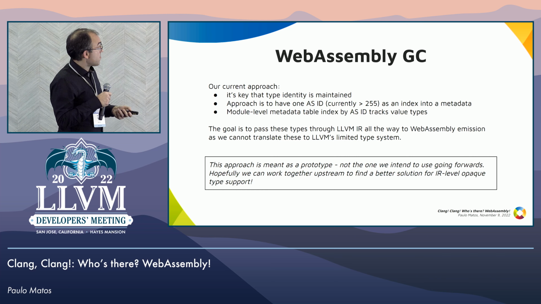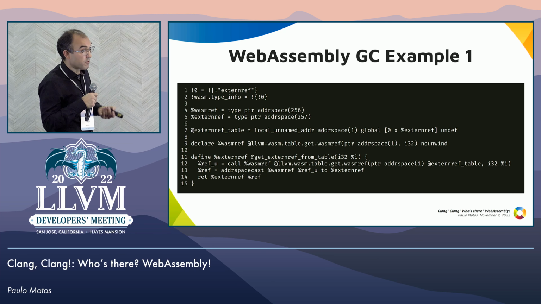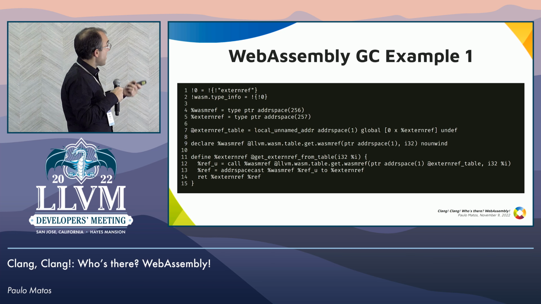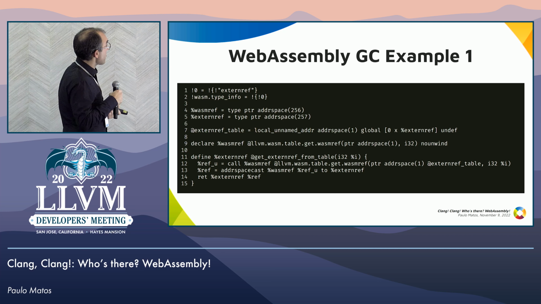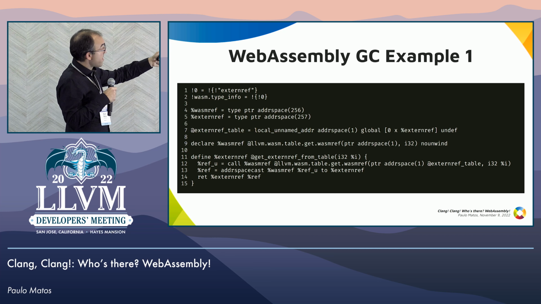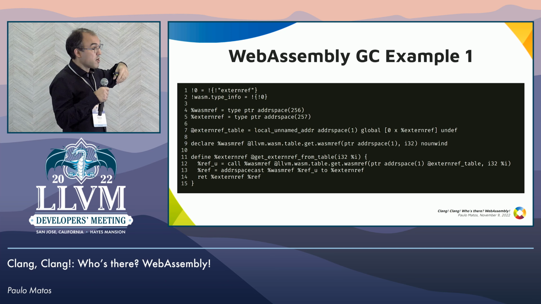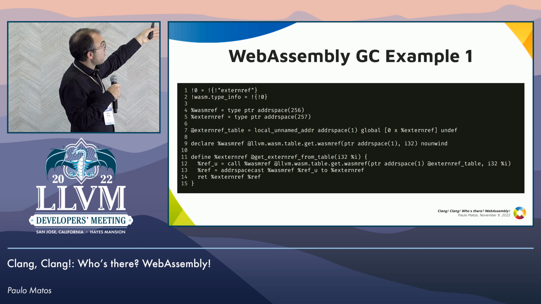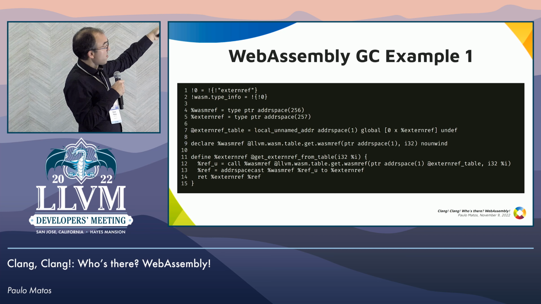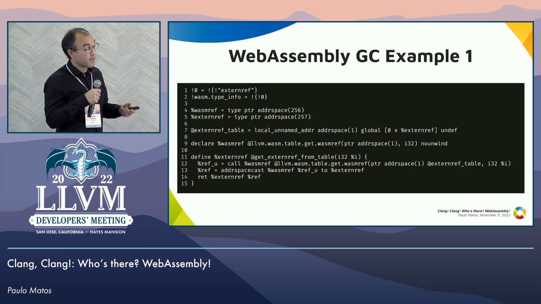Okay, so this is the kind of example that we intend to have working. We have some downstream patches to already implement these, where instead of having address space 10 and 20 for externref and funcref, when we have an externref value, we'll assign it one address space over 255, and then we'll have a module level metadata table that will tell us what address space.